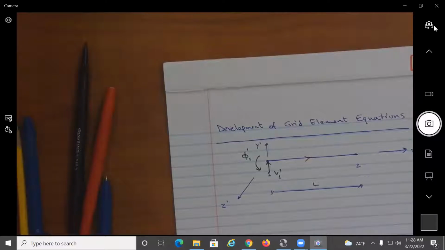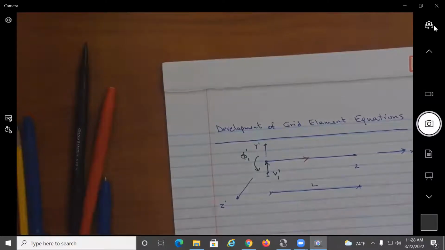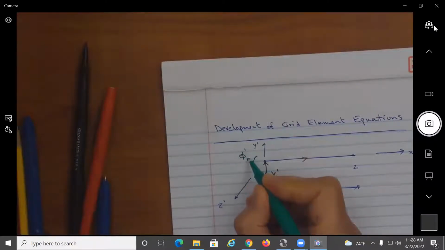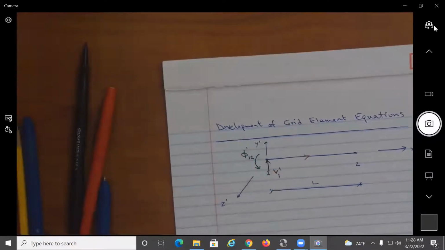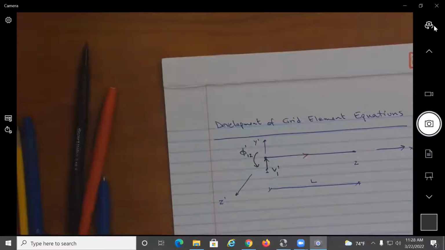When bending happens, beam theory, right? The section is in the XY plane and it's bending about the Z, right? So I can say that this is phi 1 prime, and maybe I can put a Z. And the reason I'm doing that, when we did the beam element, we did not include the Z because it was, for granted, that was the only rotational degree of freedom, right?